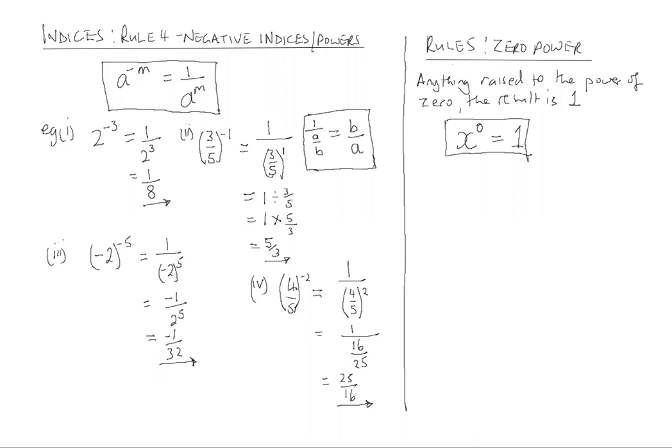So if I write, for example, minus 10 to the power 0, because it's a power of 0, it doesn't matter whether it's a negative or a positive, the answer you get is 1. Even if it is a fraction, for as long as it's raised to the power 0, the answer you get is 1. So this is my example number 1.